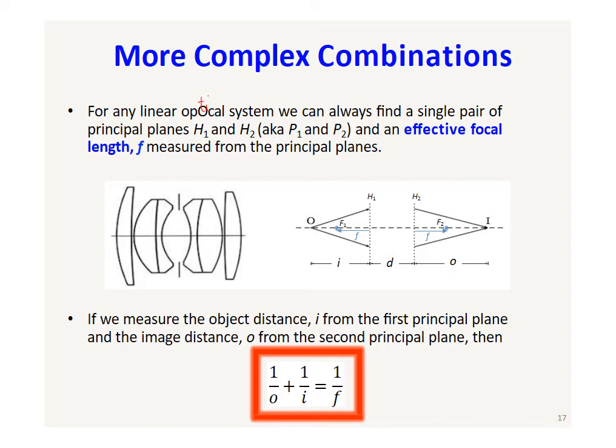So these are really useful parameters to have, because then you can, in your head, do calculations for where image distances and object distances are located using our favorite Gaussian lens formula.